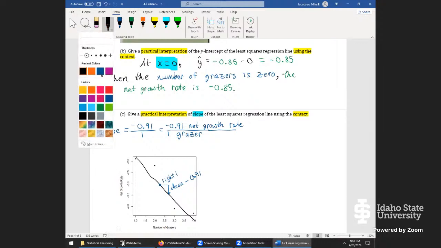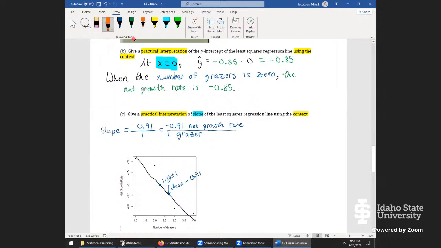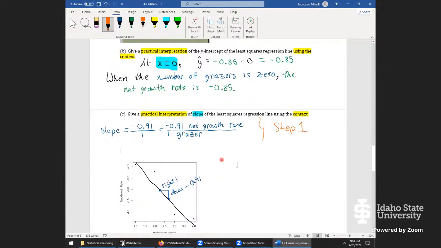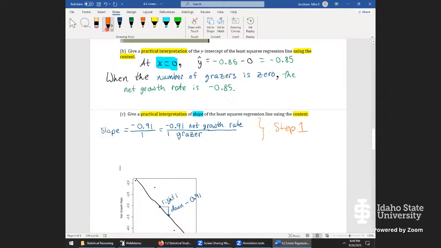So let me put down a step on this one. I would call this step 1. And it's a very, very good idea to do this step 1. If you omit it, I wouldn't take off points. But to get the actual practical interpretation and really use the context, it's a bad idea to ignore step 1. Definitely rewrite your slope, throw in the units, and then this is what the practical interpretation will look like right here.